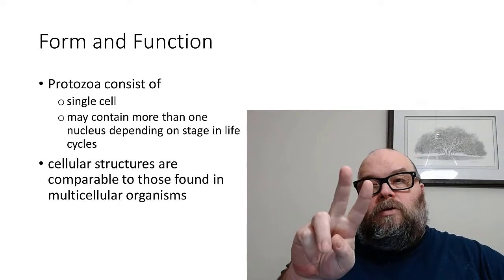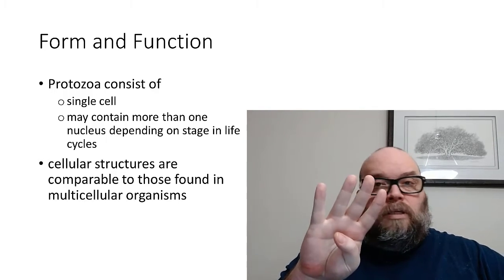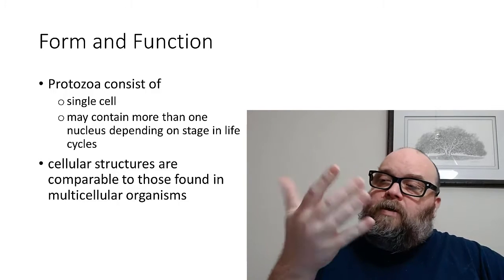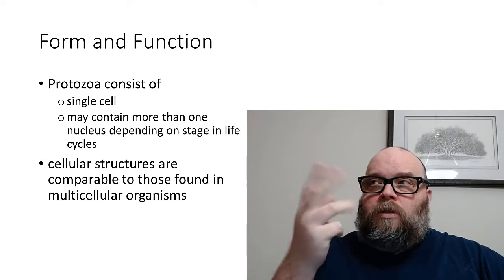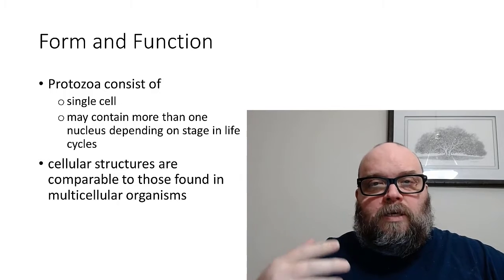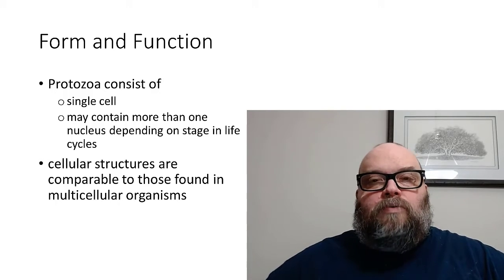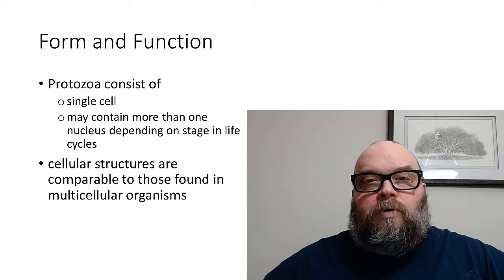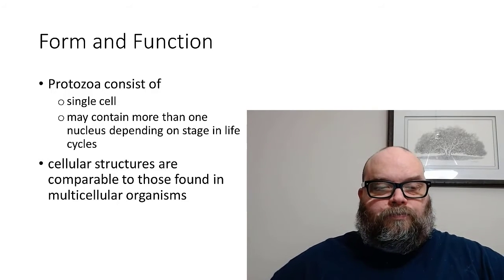The nucleus, the Golgi, the mitochondria, the ER, smooth, rough, vesicles, vacuoles, chloroplasts. All of these may or may not be present. There may be some that are present that are protozoan only.